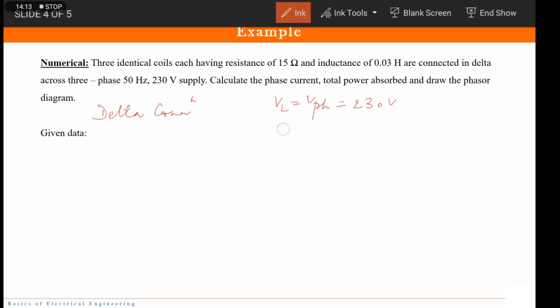But in delta connection, the line current is not the same as phase current. It is given by line current is equal to root 3 times phase current. Okay. What else is given? Resistance is given, RPH, which is phase resistance, 15 ohms, and L is given 0.03 Henry.